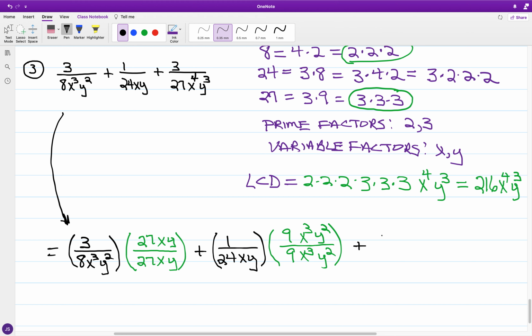And we have 3 over 27 x to the 4th y cubed. And that first ratio could have been lowered, and I'll get to that in just a moment. So we have 27 into 216, that is going to be 8. You have x to the 4th into itself 1 time, and y cubed into itself 1 time.